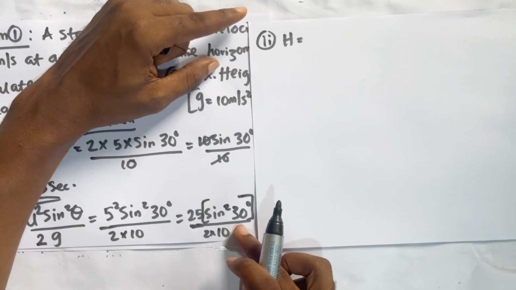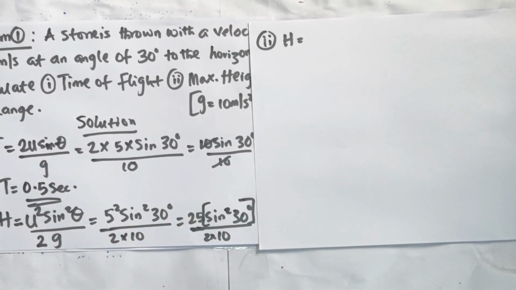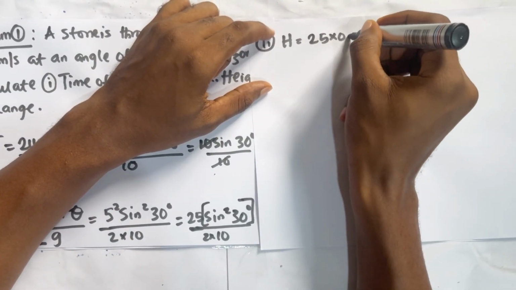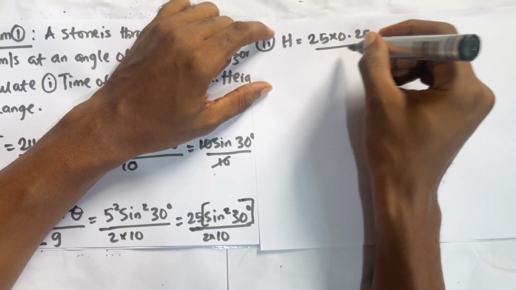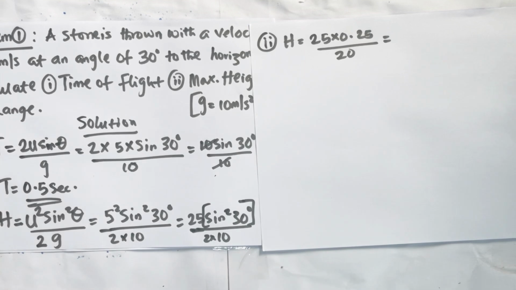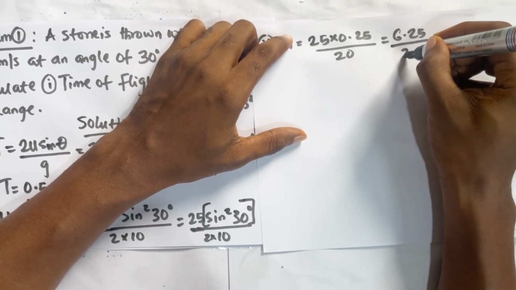You sine 30, then square it. Sine 30 is 0.5. If you square it, you'll have 0.25. 25 times 0.25 divided by 20. If I multiply it out, I'll have 6.25 divided by 20.